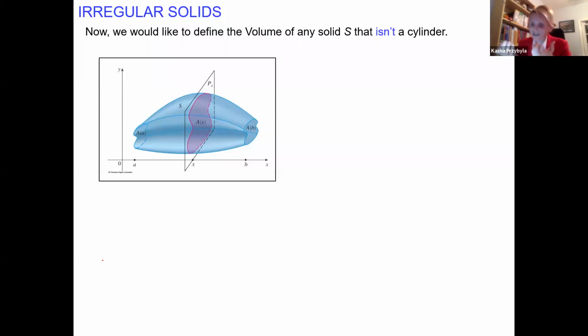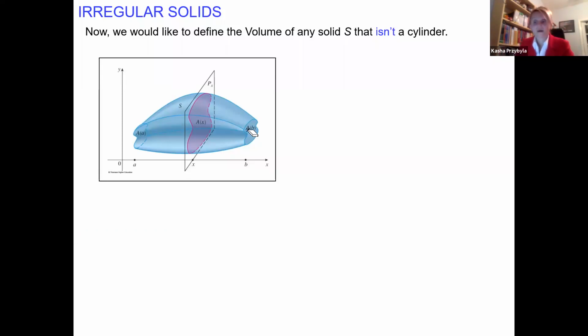If I look at this in a vertical position, I have one base and another base, so it's kind of like a cylinder, but this is a curve. The sides are not perpendicular, so I can't use right away my formula, the area of the base times the height.